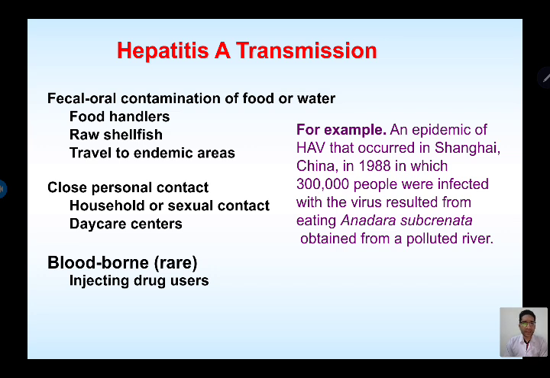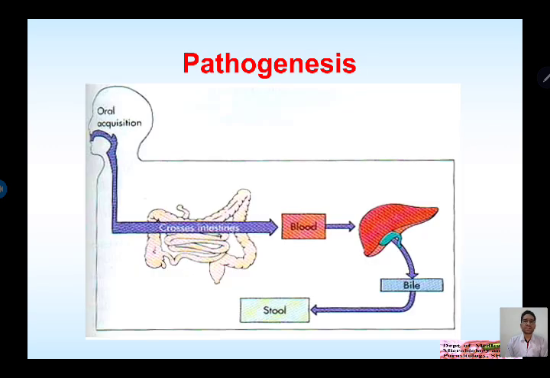an epidemic of the hepatitis A virus occurred in Shanghai, China in 1988, in which 300,000 people were infected. The outbreak resulted from eating clams (Anadara subcrenata) obtained from a polluted river. So, pathogenesis.